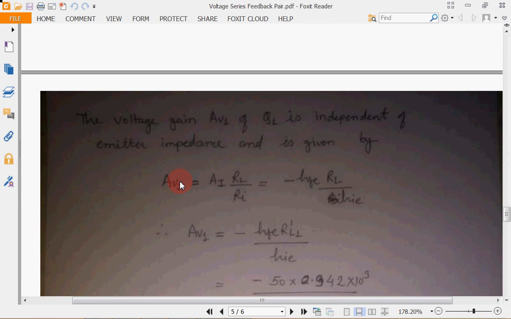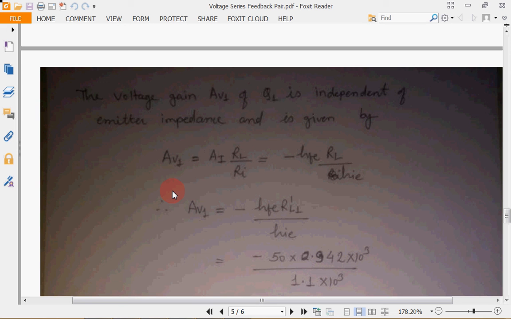Now we'll find out the voltage gain of the first stage. So the voltage gain AV1 of the first stage, that is Q1, is independent of the emitter impedance and is given by this formula. Why am I saying it is independent of emitter impedance? Because we have connected an emitter bypass capacitor across the emitter resistance, and therefore the resistance will not affect the voltage gain of the amplifier here, right?